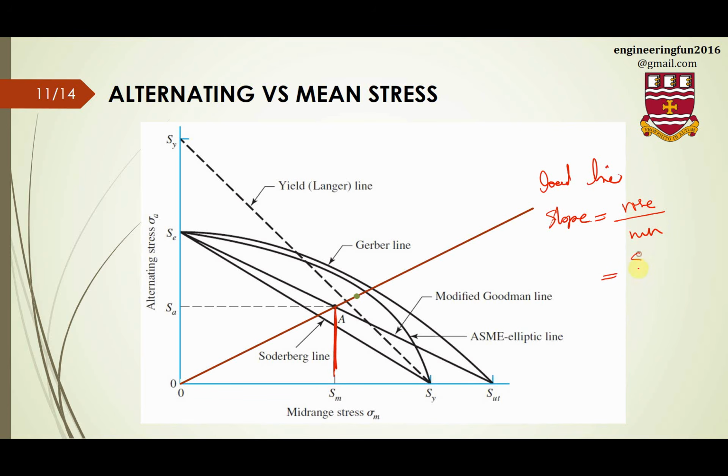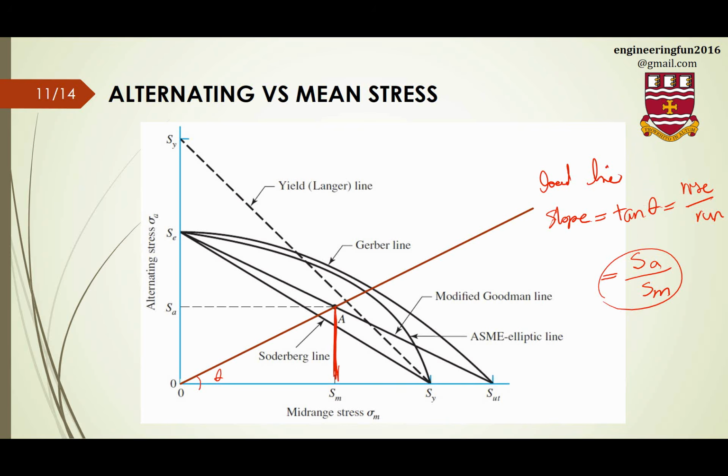Rise is SA, run is SM. If this is theta here, the slope is tan of theta, and tan of theta is rise over run.